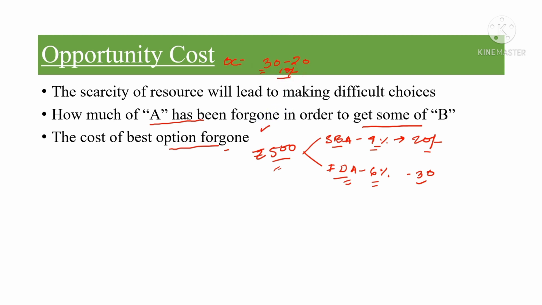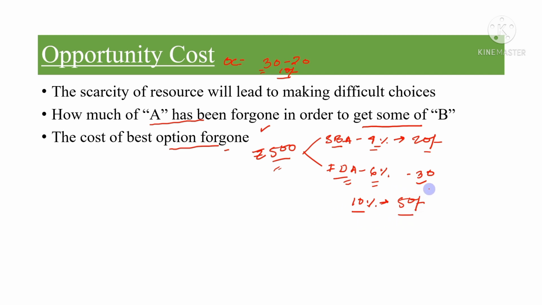Let's get into this a bit deeper. Suppose you have chosen the reverse of this. That means the best option is 6%, and somehow you have invested in some instrument that will get you a return of up to 10%. So you are getting 10% of 500, which is rupees 50.